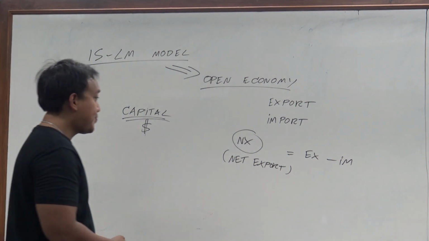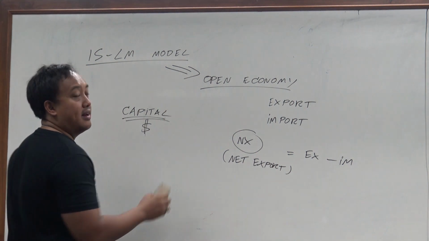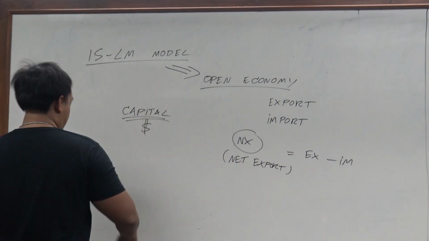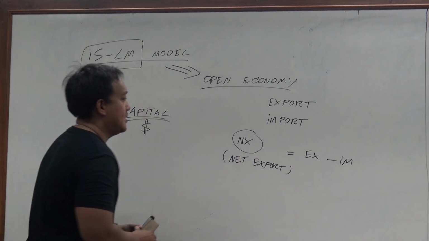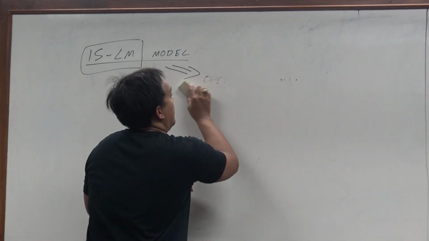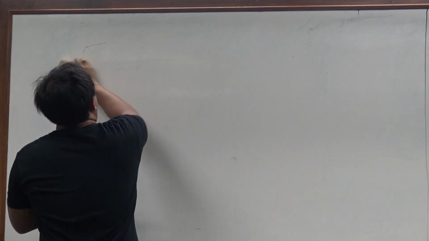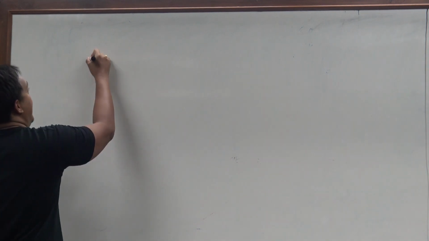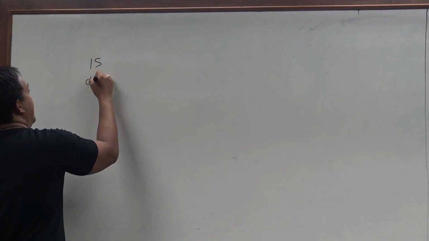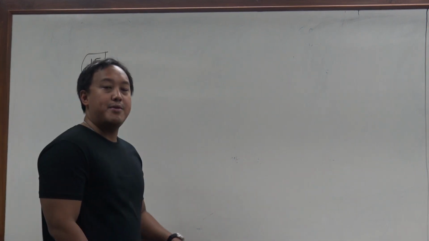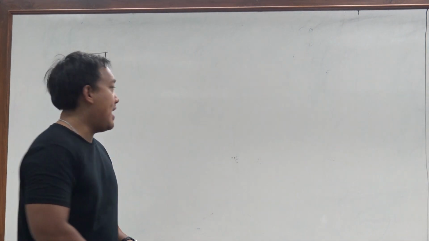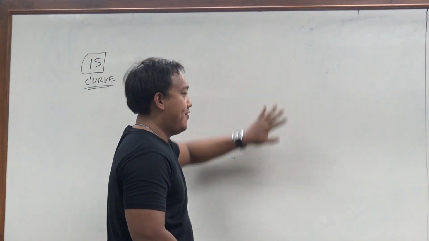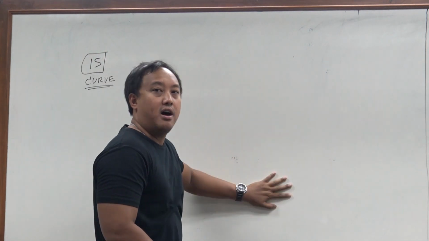So let's see how we plug the idea of an open economy into the IS and LM model. First, let's focus on the IS curve. As we learned before, the IS curve represents the equilibrium in the output market. We're going to have two graphs, one on the top and one on the bottom.